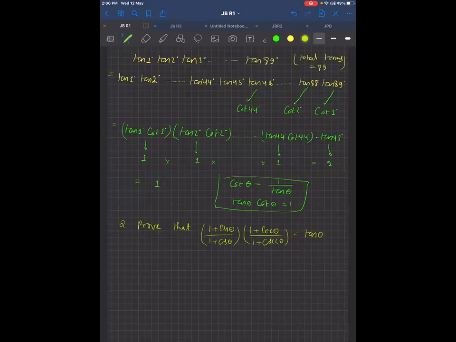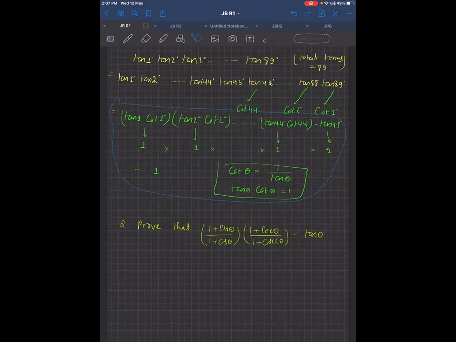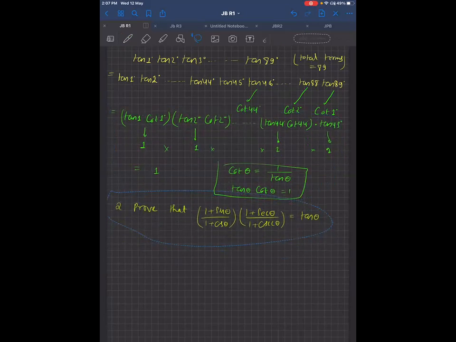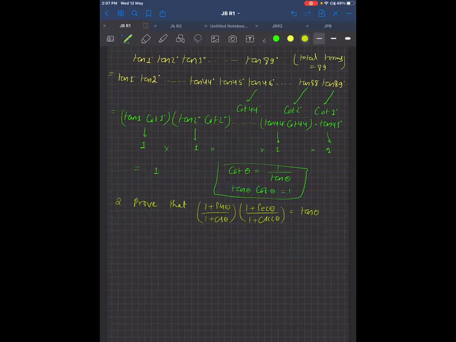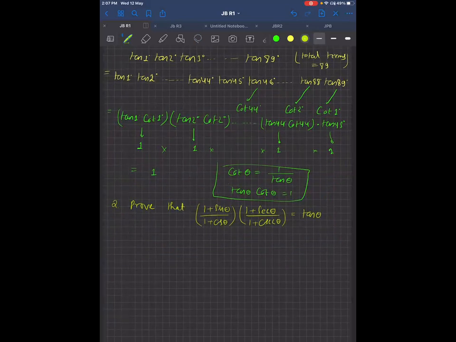Directly if you solve LHS, you will get RHS. But sometimes to prove LHS equal to RHS, you can also first solve LHS and RHS both and get the value such that both are equal.